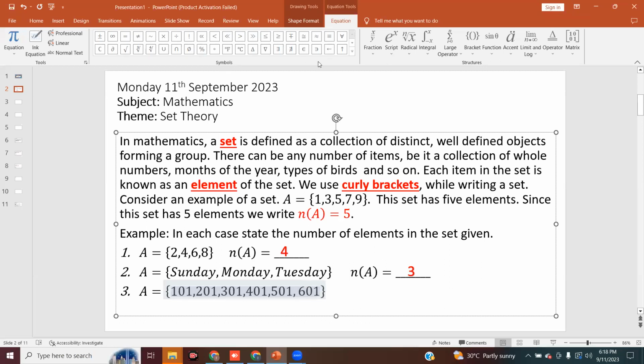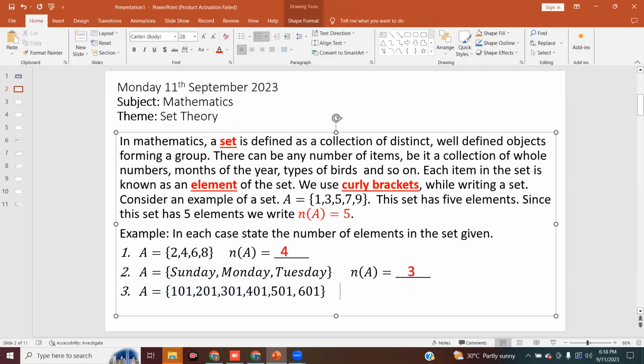So my question is, what is the number of elements in A? 6. The number of elements in A is 6.